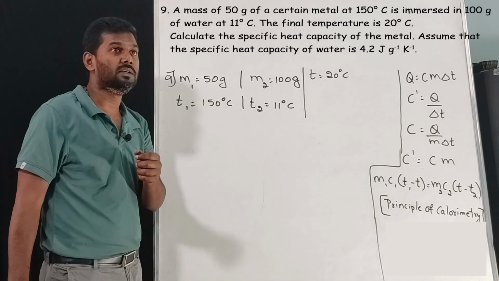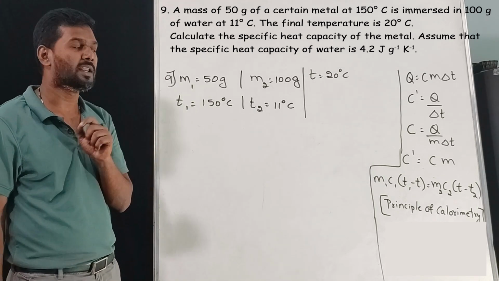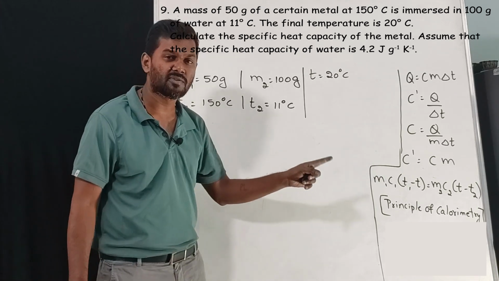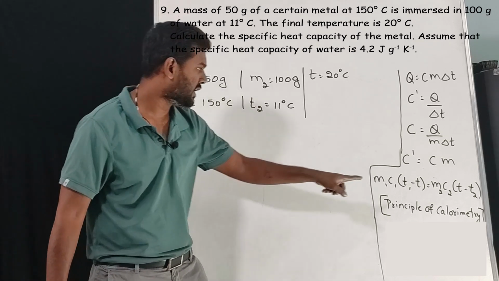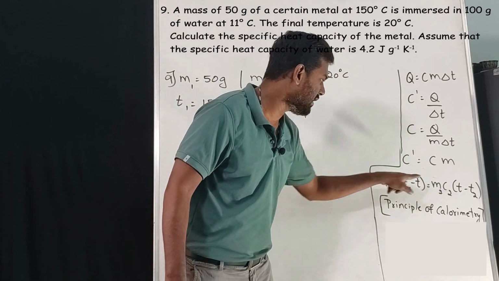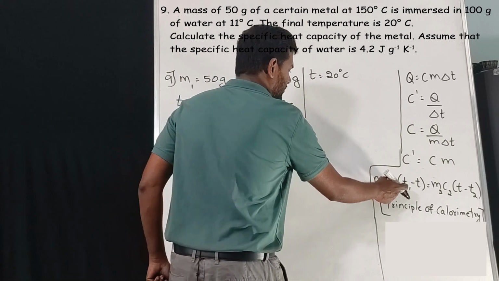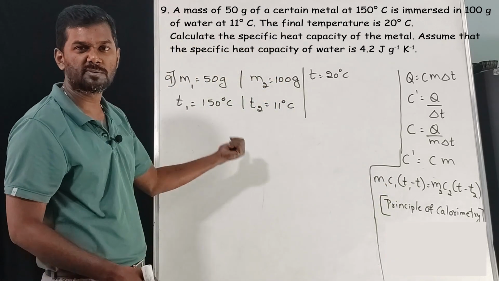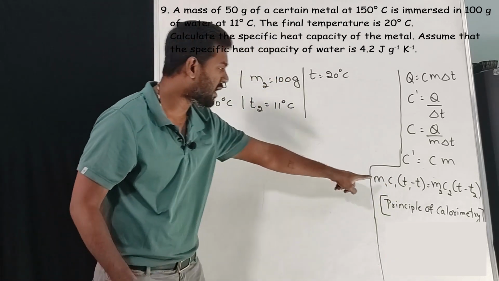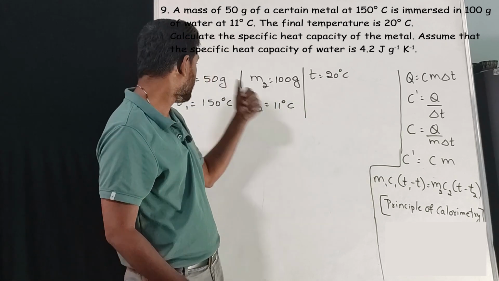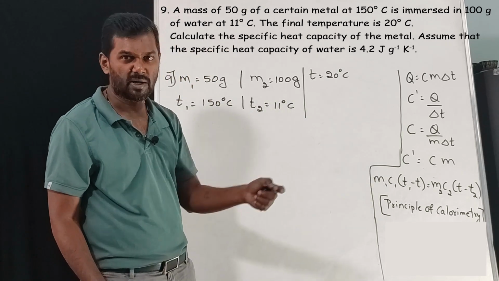Then calculate the specific heat capacity of the metal. So we have the specific heat capacity of water, and see, there are two C's, right? C1 and C2. The first C we will assume as the specific heat capacity of metal. Why? Because mass M1 we have taken as the mass of metal, correct?